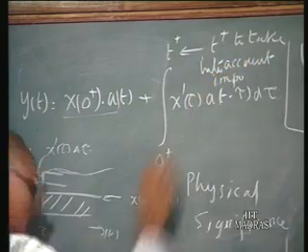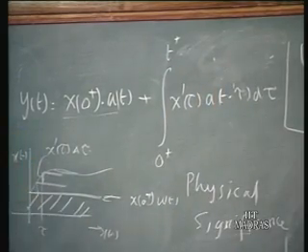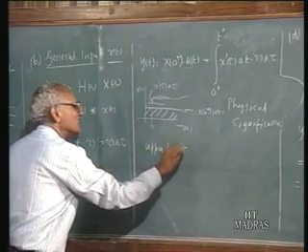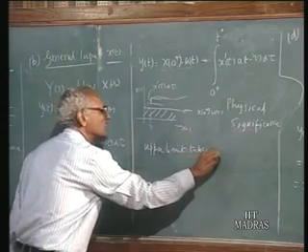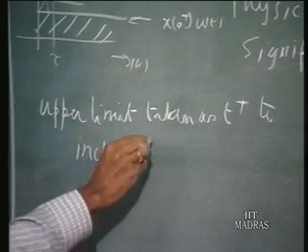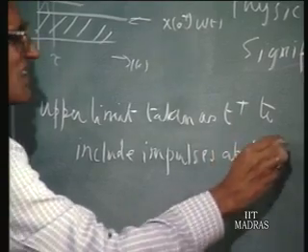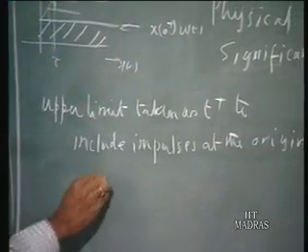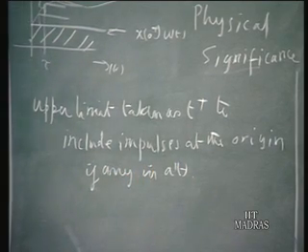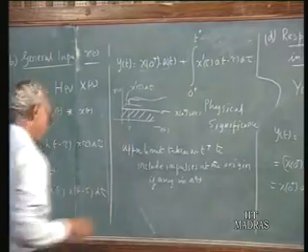Maybe I'll write this separately: you can say the upper limit is taken as t plus to include impulses at the origin, if any, in A of t. So it is possible that the step response may include an impulse at the origin. To take that complete impulse into account, the upper limit is taken as t plus.